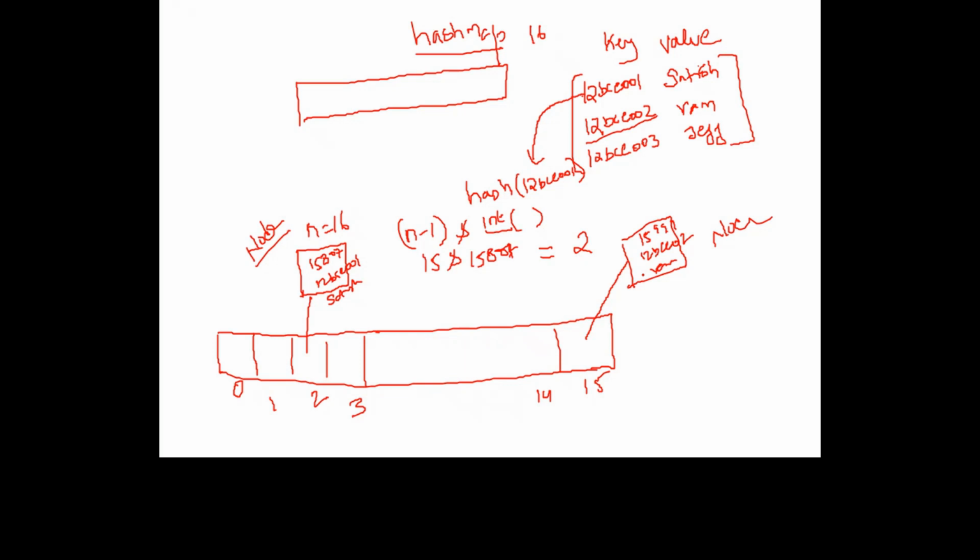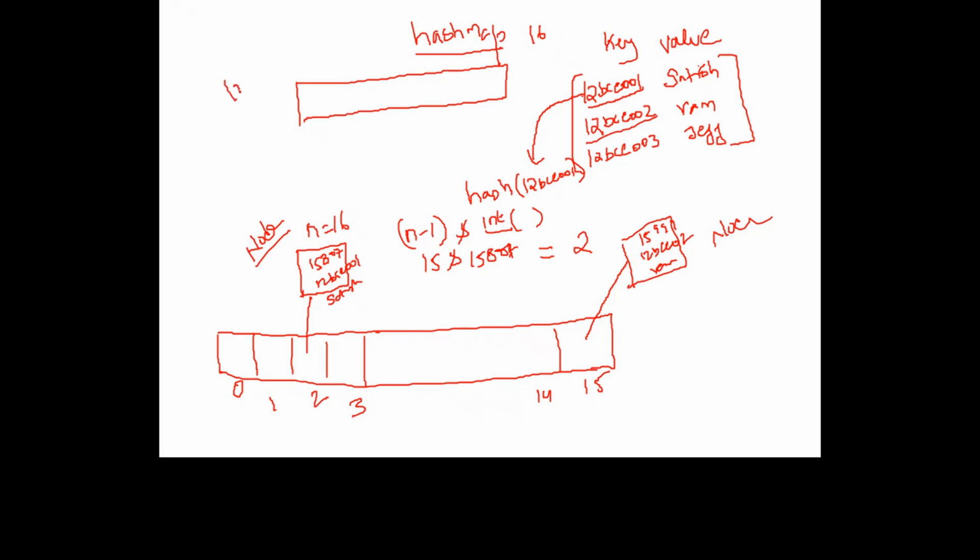Suppose I want to search for a particular value. Suppose I want to search 12BCE001, how do I search? The user enters 12BCE001. The array holds all these objects. You take this key, again hash it, find the index, find this key, and then the value, right?